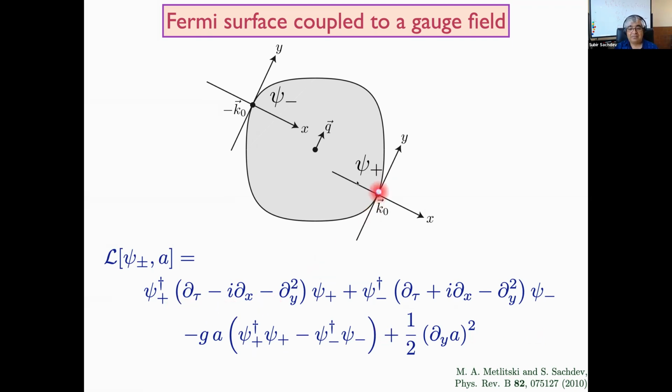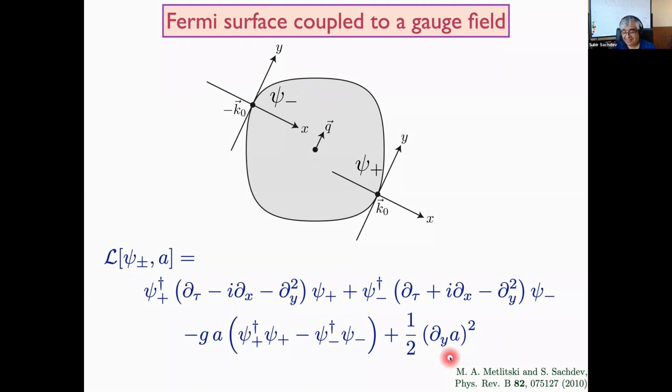The fermions in this direction and that direction are chiral fermions. They have linear dispersions in the x direction with opposite velocities, and quadratic dispersion in the y direction. There's a Yukawa coupling to the vector potential. Only a single transverse component matters, and this is the Maxwell term for the vector potential.